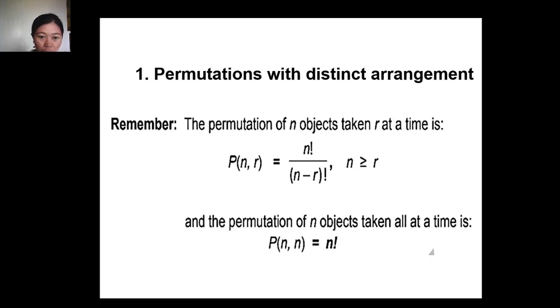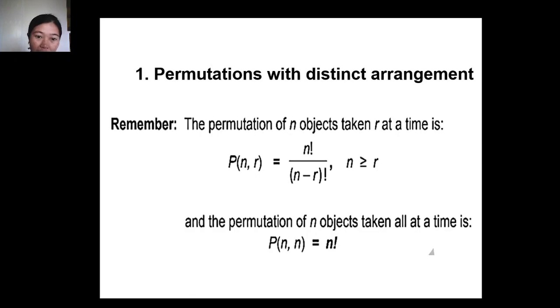Halimbawa, meron akong 6 potted plants, pero ang space ko lang ng paglalagyan ko ay 4. So, ibig sabihin, 4 lang yung pwede kong i-arrange. So, pagka nilagay ko siya sa notation, that is permutations of 6 objects taken 4 at a time.